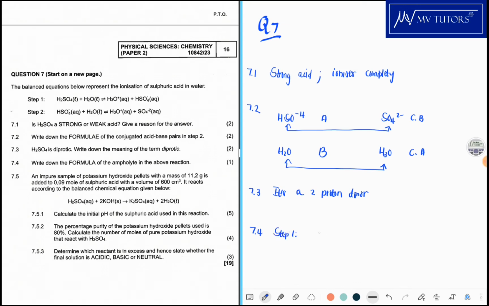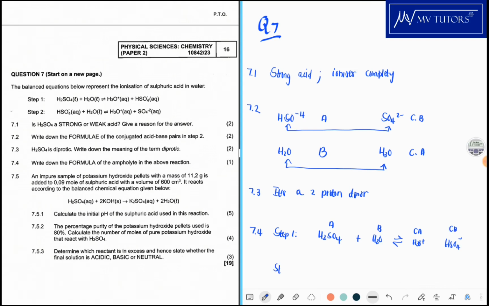Sulfuric acid is an acid, whereas water is your base, and then H3O plus is your conjugate acid, your hydronium, and HSO4 minus is your conjugate base.